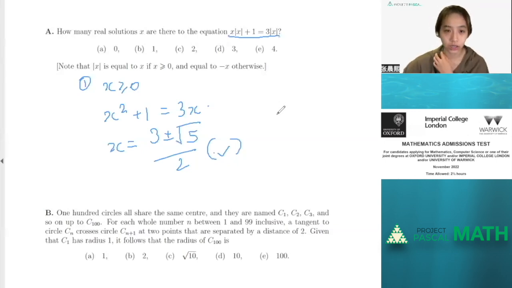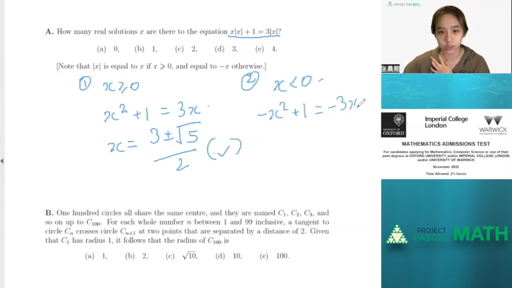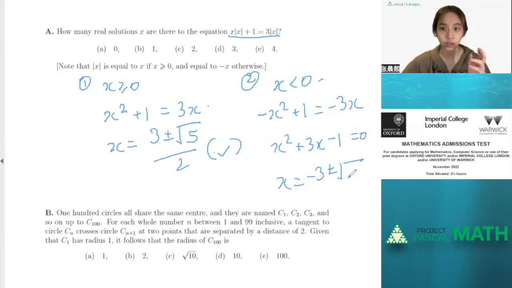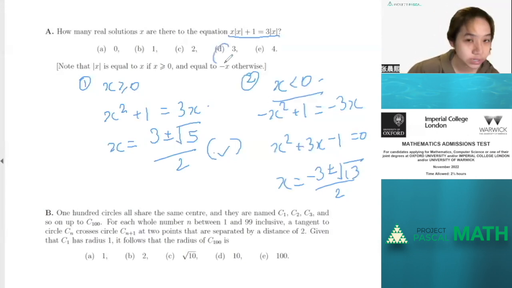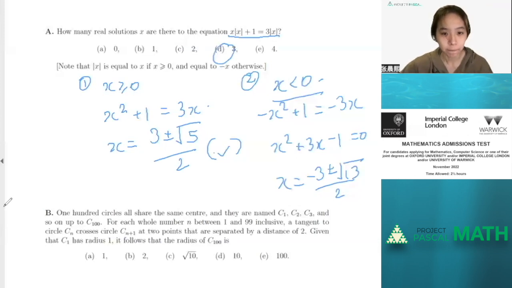The second case is when x is less than 0. You get negative x squared plus 1 equals negative 3x, which gives you x squared plus 3x minus 1, and hence x equals (negative 3 plus or minus root 13) divided by 2, and only one fulfills the condition that x is less than 0. So there are a total of 3 solutions for the first question.